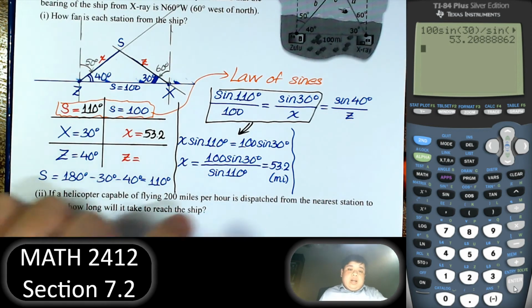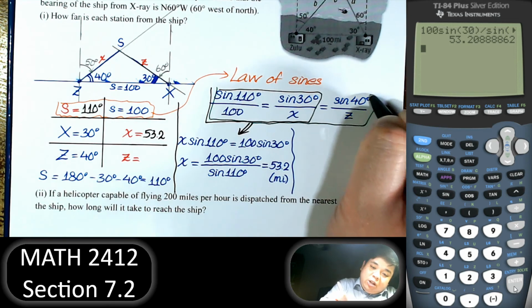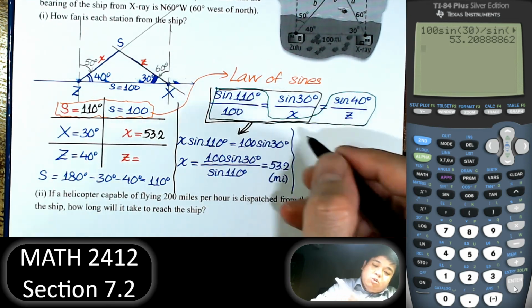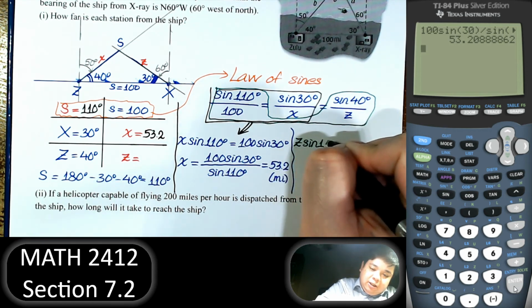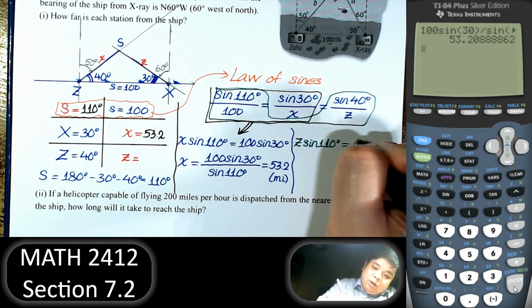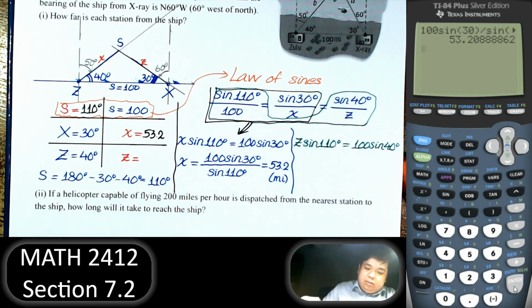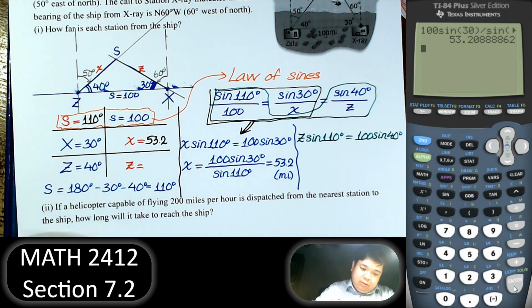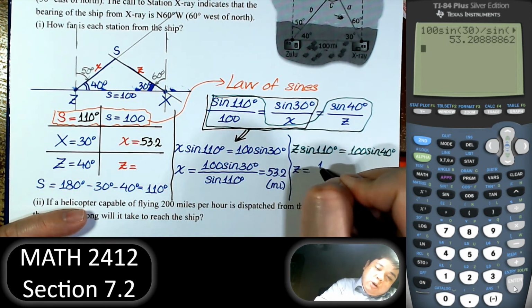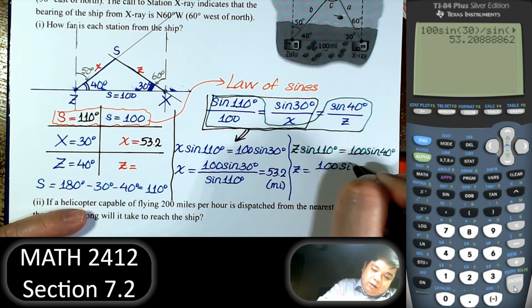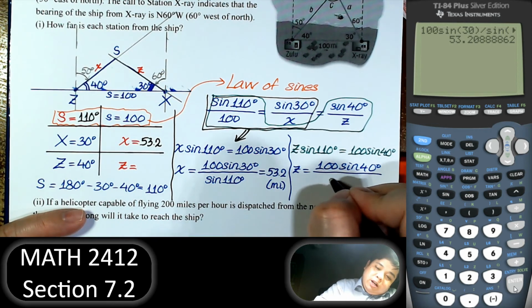Right, and then we can do the same thing to find z. Just take the first ratio and the last ratio. Cross multiply: z sine of 110 is equal to 100 sine of 40, so we have z equal to 100 sine of 40 degrees over sine of 110.